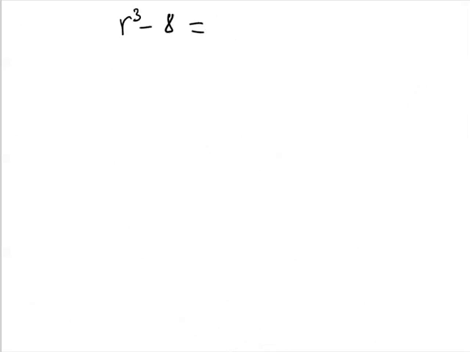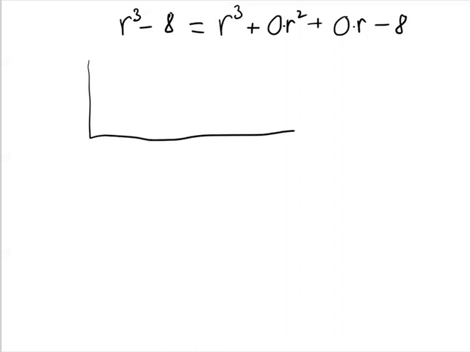In order to use synthetic division, we need to fill in all the missing powers: r cubed plus 0 r squared plus 0 r minus 8. Now set up synthetic division. We have found the value 2 is a root, and the coefficients are 1, 0, 0, negative 8.